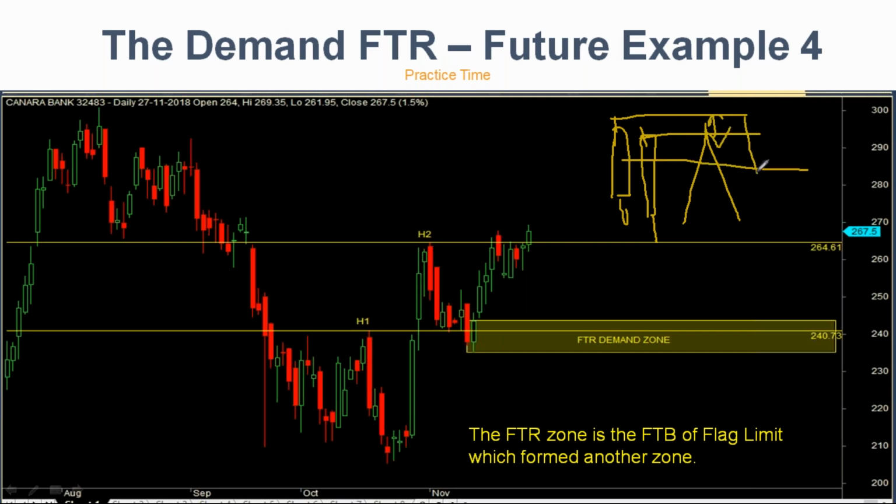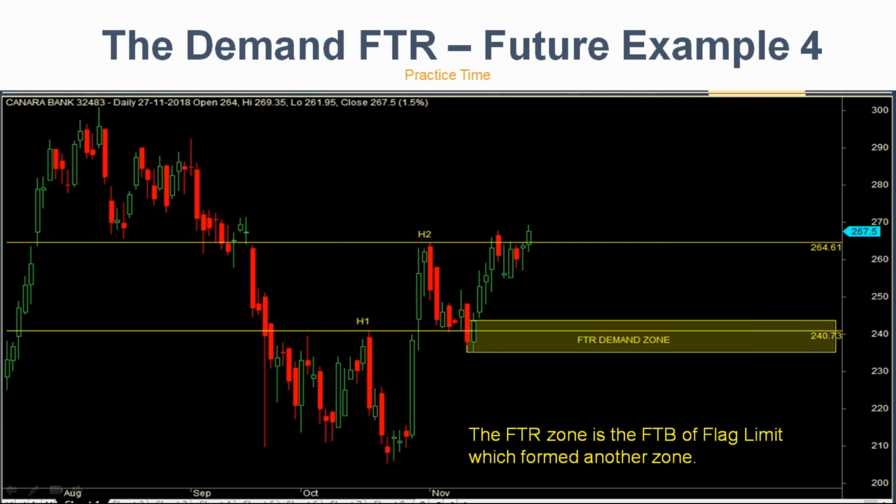What is a zone? Zone is a point of reversal. Zone is a point of action. Zone is a point of resting and move up. Don't think the base is required. Base need not be required. That's what we discussed. Yes, every time we may not get a zone.